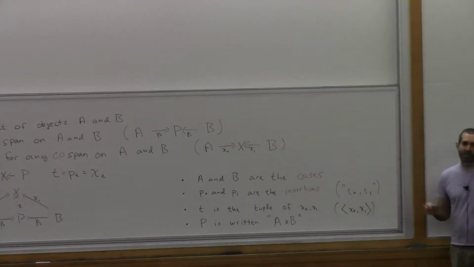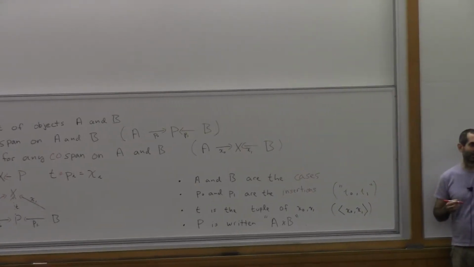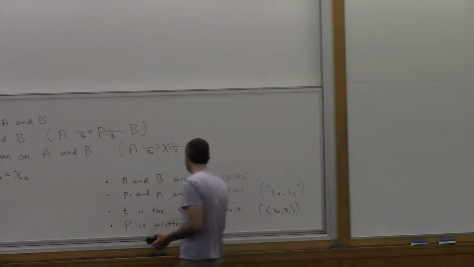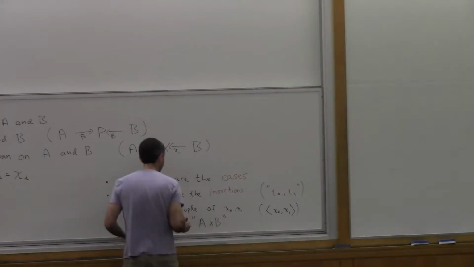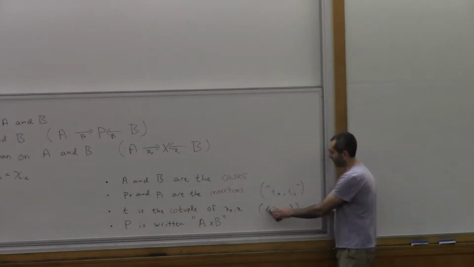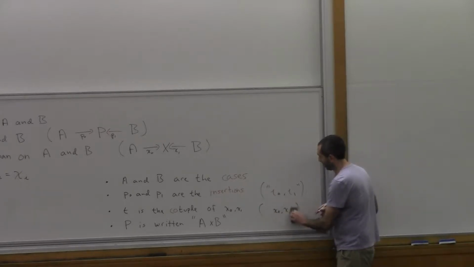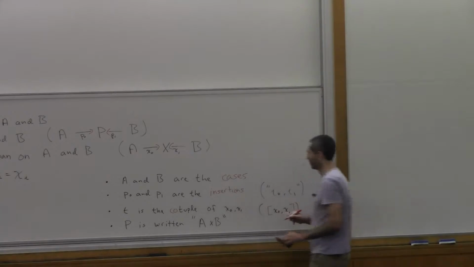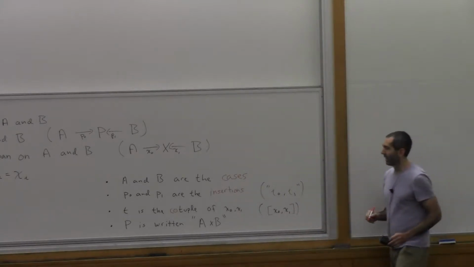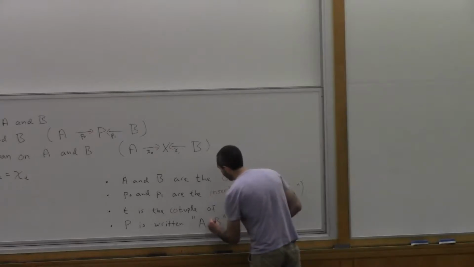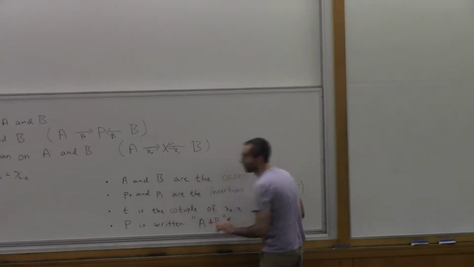Those are iotas meant to remind you of insertions. And finally, T is now the cotuple of the x's, and instead of writing it with these angle brackets, we write it with these square brackets. And now P is written instead of A cross B as a plus sign.